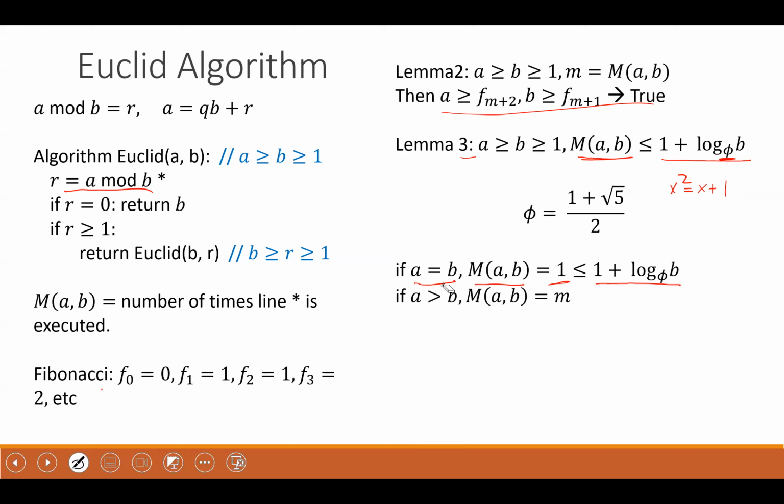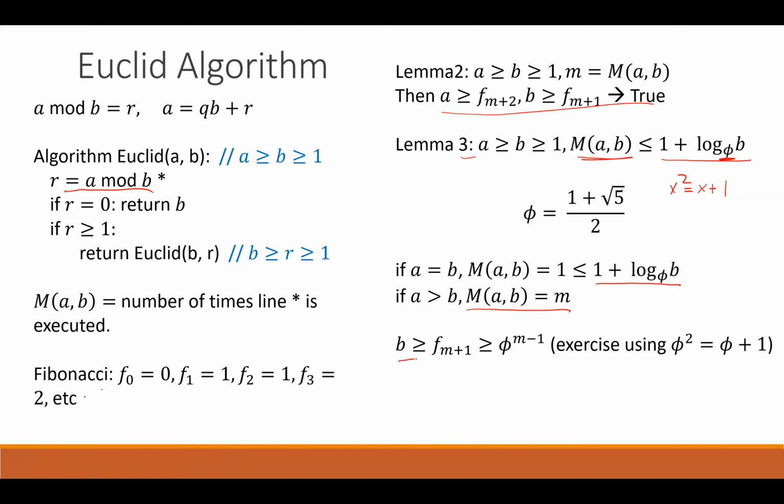And if a is greater than b, then M(a,b) is equal to m, so I have b is at least the (m plus first) Fibonacci number, which is at least phi raised to the m minus 1.